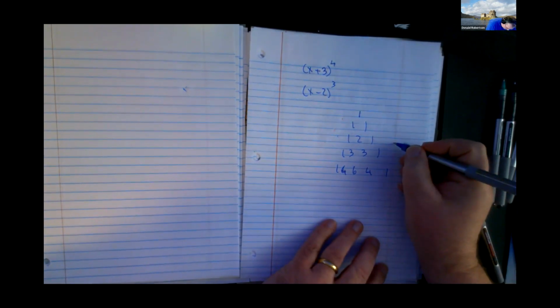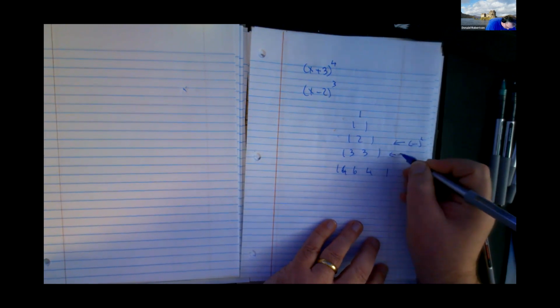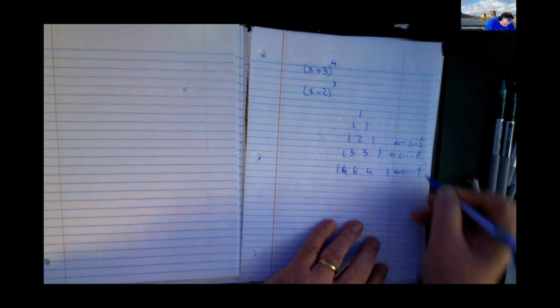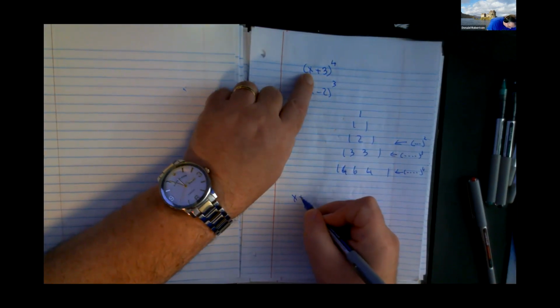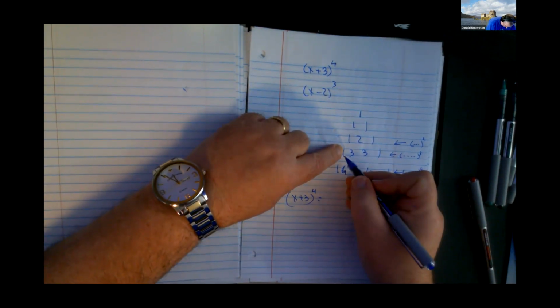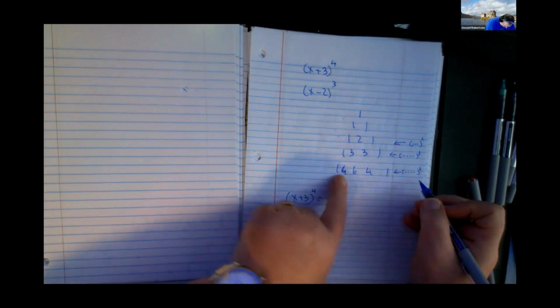And the ones that matter are this is something squared, this is for something cubed, and this is for something to the power of 4. So if I wanted to do x plus 3 to the power of 4, I would use this one.